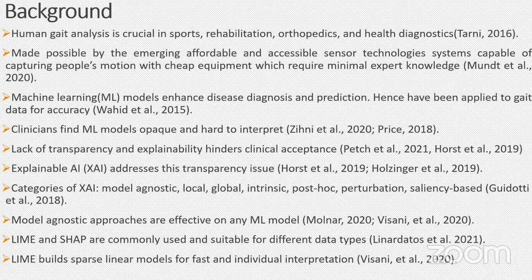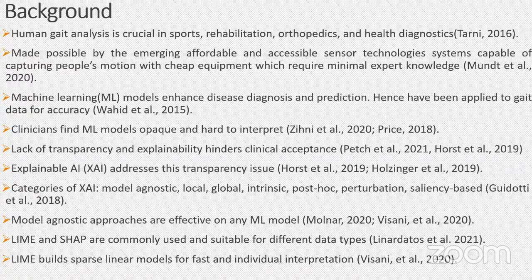However, even though people are proposing to apply them, clinicians and people in the medical field still find it difficult to make use of these machine learning models because of their opaqueness. They are not easy to interpret or transparent, and people cannot clearly understand why the model is recommending or predicting the way it is.